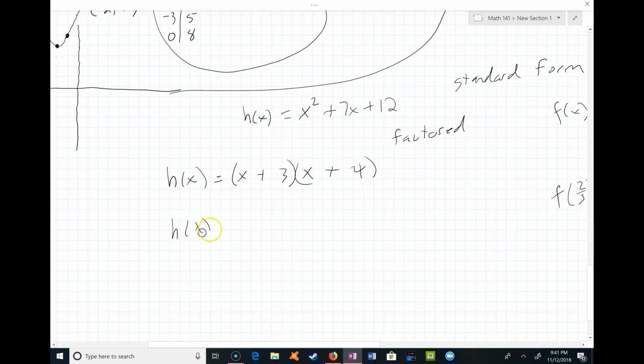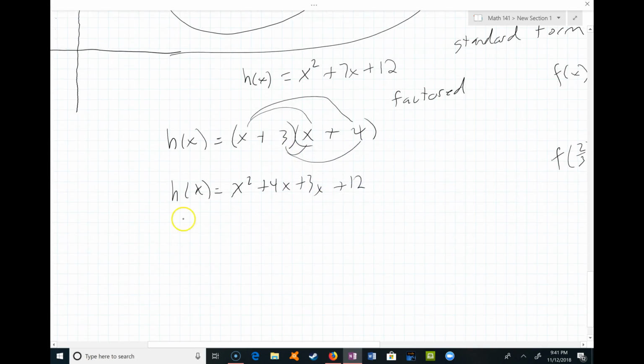We know what the answer is because we're looking at it, but we could go x times x, which is x squared, x times 4, which is positive 4x, 3 times x, which is 3x, and 3 times 4, which is 12. And therefore, we get right back where we started, x squared plus 7x plus 12. So that's switching from standard form to factored form, and then back to standard form.